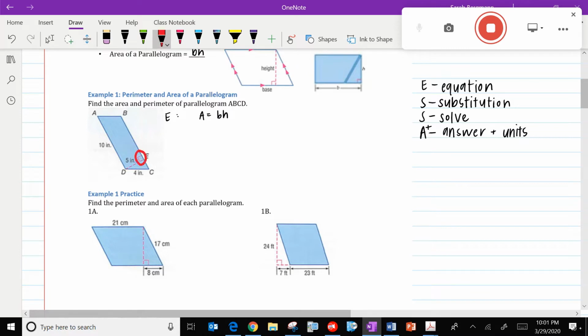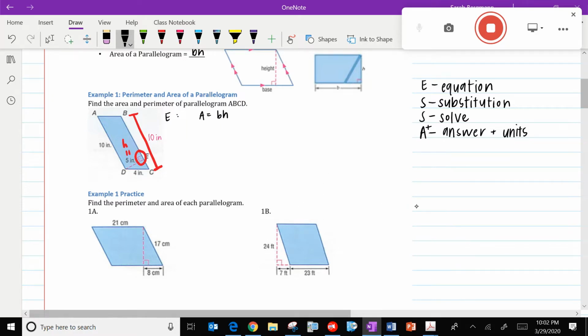So since I see this right angle symbol right here, I'm going to let 5 be the height. Now the base has to be perpendicular to the height, which is this side BC. Now, it doesn't tell me the length of BC. However, I know that opposite sides in a parallelogram are congruent, so I know that BC must be 10 inches.